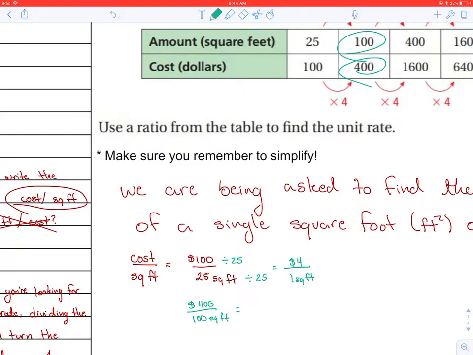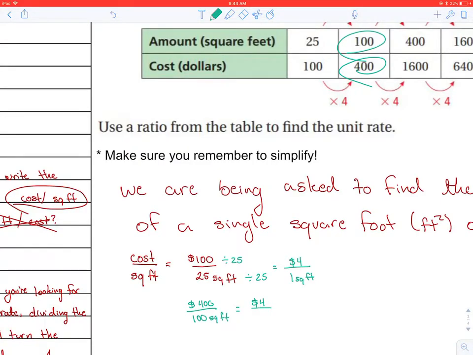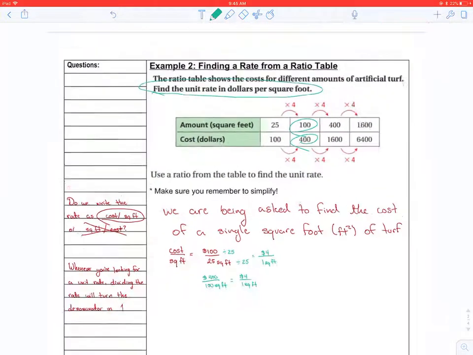If you divide 400 by 100, you get 4 over 1 square foot, $4 per square foot. And so all of these rates will give you the same unit rate because they're all proportional to one another. Just because we want more turf doesn't mean that it's going to cost us more per square foot. The cost of the square foot is going to stay the same the entire time.